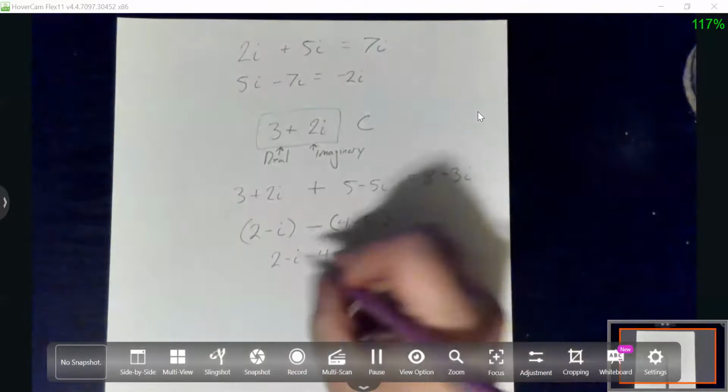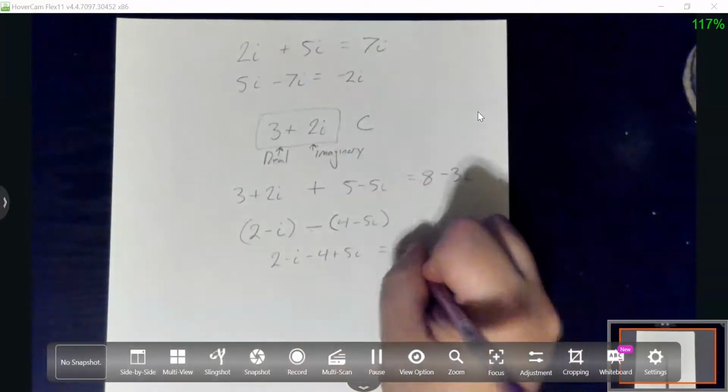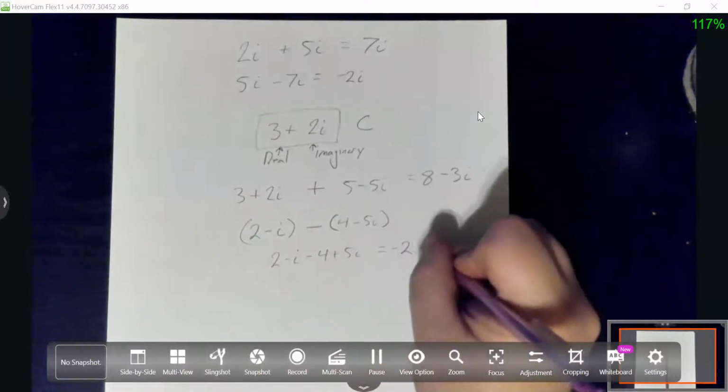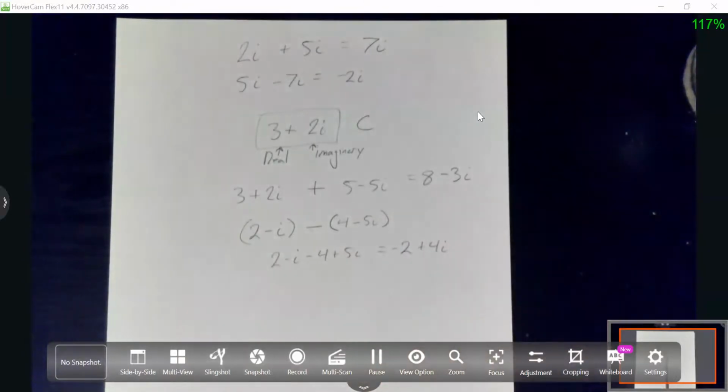We combine our like terms, the reals go together, so that's negative 2. And then the imaginary parts go together. So minus i plus 5i is plus 4i. So adding and subtracting works great. Nice and easy. We do it the same way as normal. Multiplying, still pretty easy. So let's try multiplying two complex numbers.